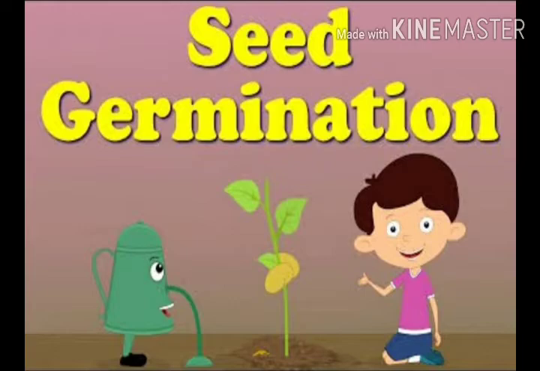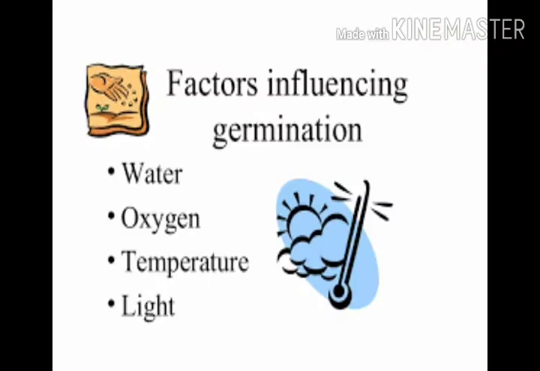Children, let us now understand how germination of a seed takes place. A seed needs oxygen, water and sunlight to grow into a new plant. Even if one of the three is not available to the seed, it will not grow.